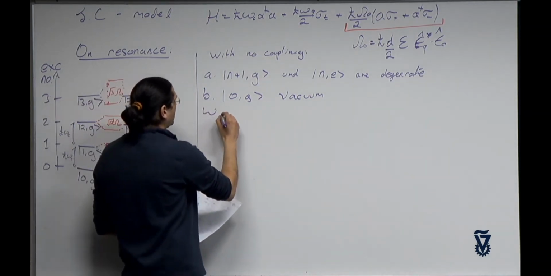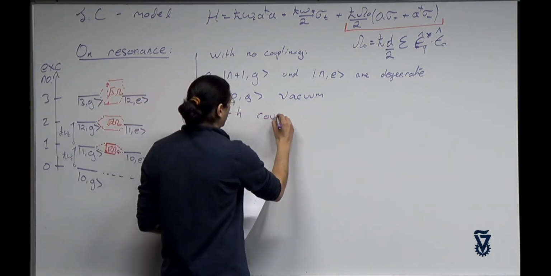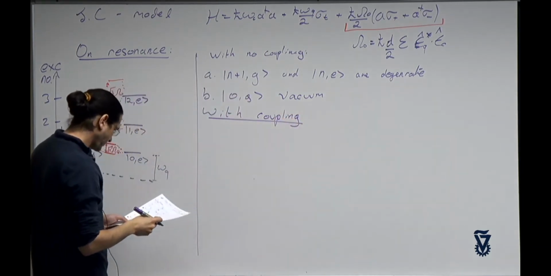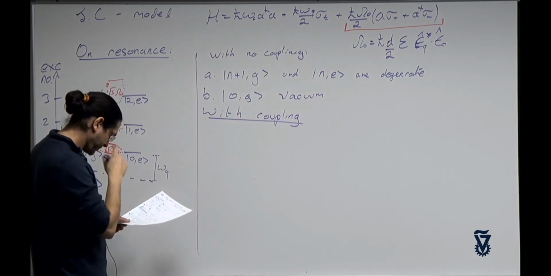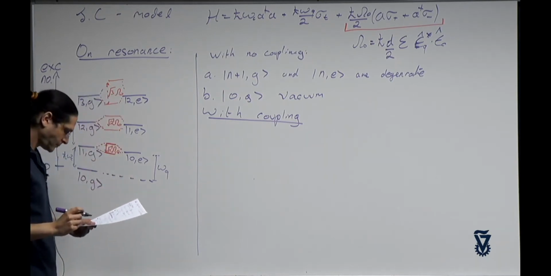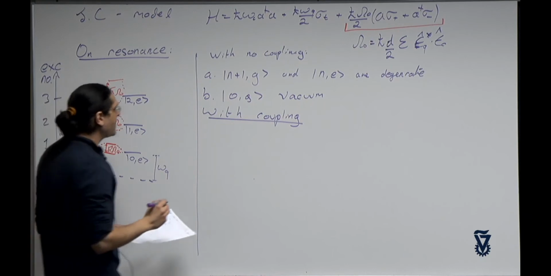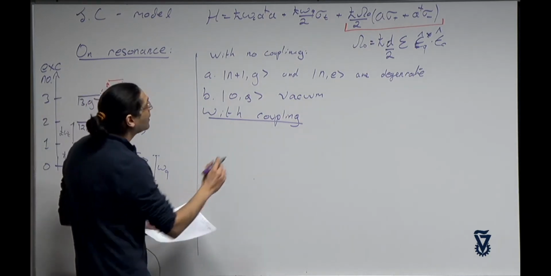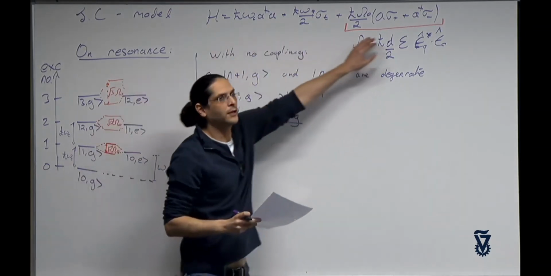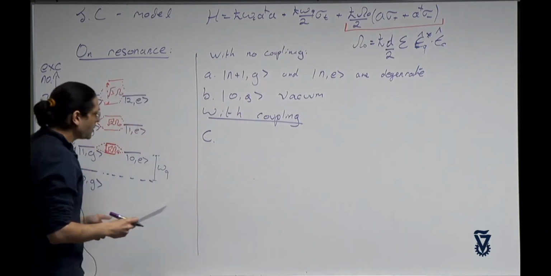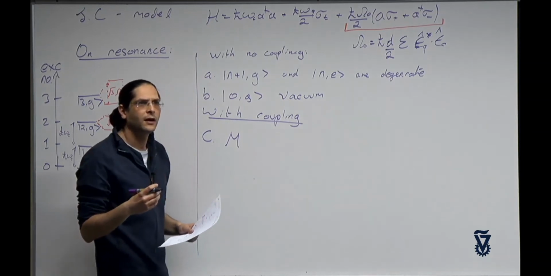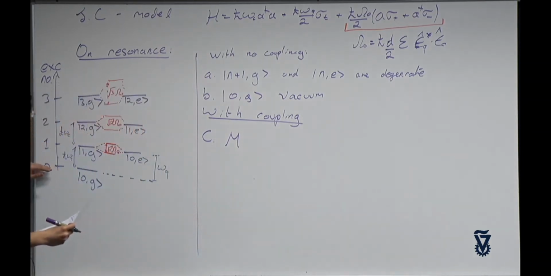With coupling, we get these splittings over here, and they come about from this interaction term. Now, if you look at this whole Hamiltonian, you will immediately recognize that M is the operator of the number of excitations.